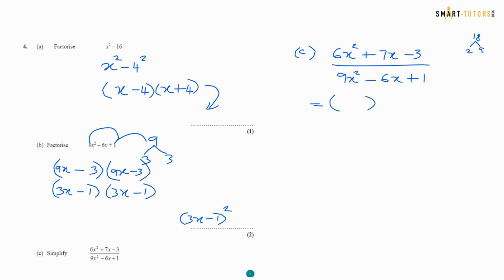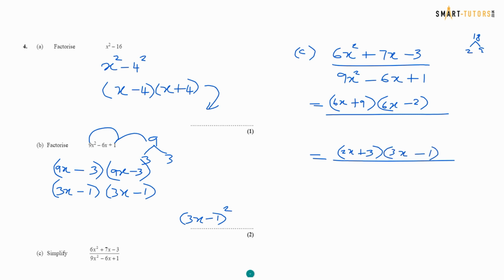So in the two brackets, 6x comes here, 6x comes here, then plus 9 and minus 2, and this can be simplified. I just quickly simplify and leave it. So 2x plus 3, and this one is going to be 3x minus 1. That's done, the top part.